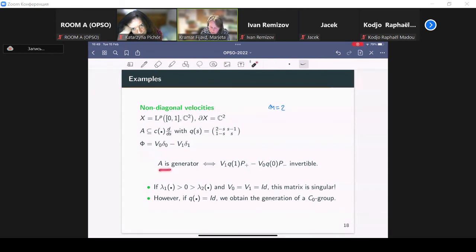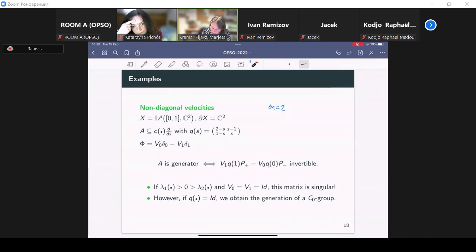We know that A is a generator if and only if this guy is invertible. Now assume first of all that both lambdas are of the same sign, then either this is 0 or this is 0, and then we get invertibility because this is also invertible and this will be okay.